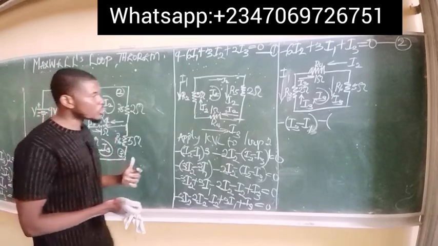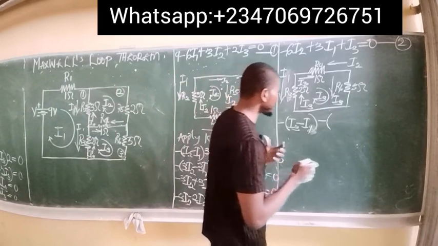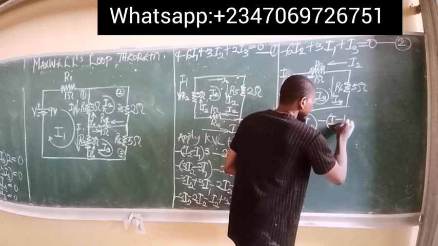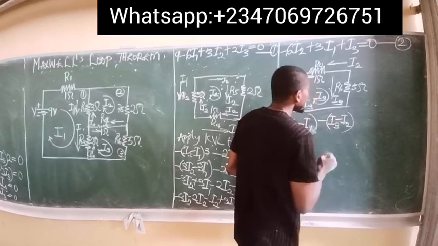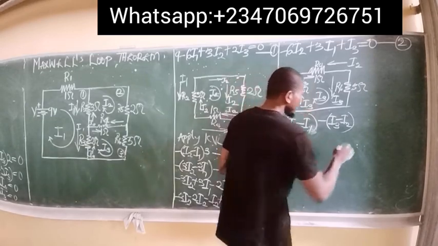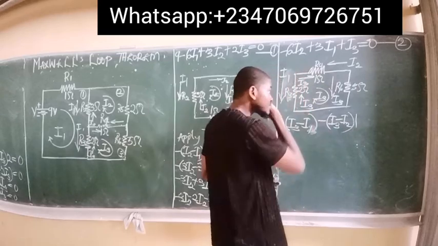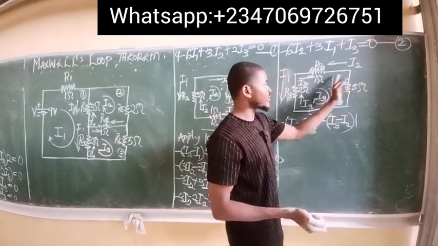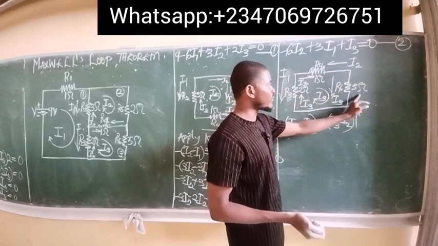But since I'm on loop 3, it becomes I3 minus I2, multiplied by the resistor, and the value of the resistor is simply 1 ohm. So multiplies 1. And finally, I have I3 flowing through the R6 resistor, and the value is 5 ohms.